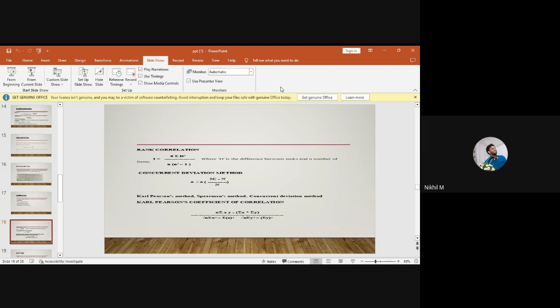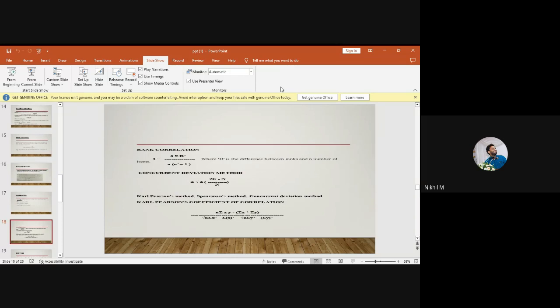Its formula is: n into sigma xy minus sigma x into sigma y, divided by root of n sigma x square minus sigma x whole square, into root of n sigma y square minus sigma y whole square.